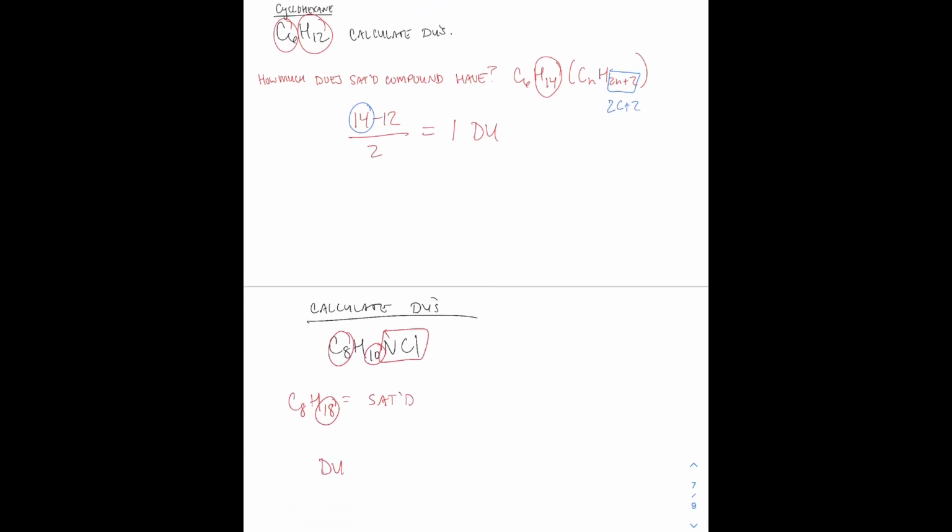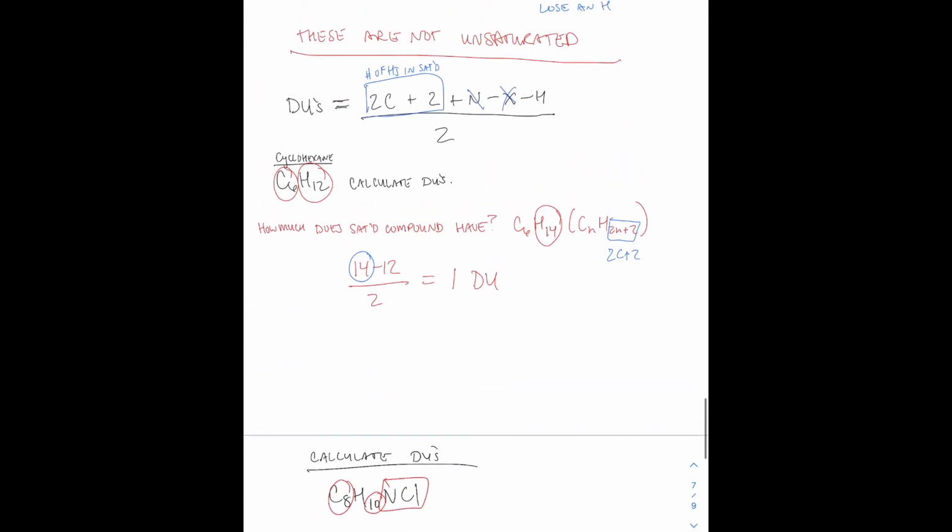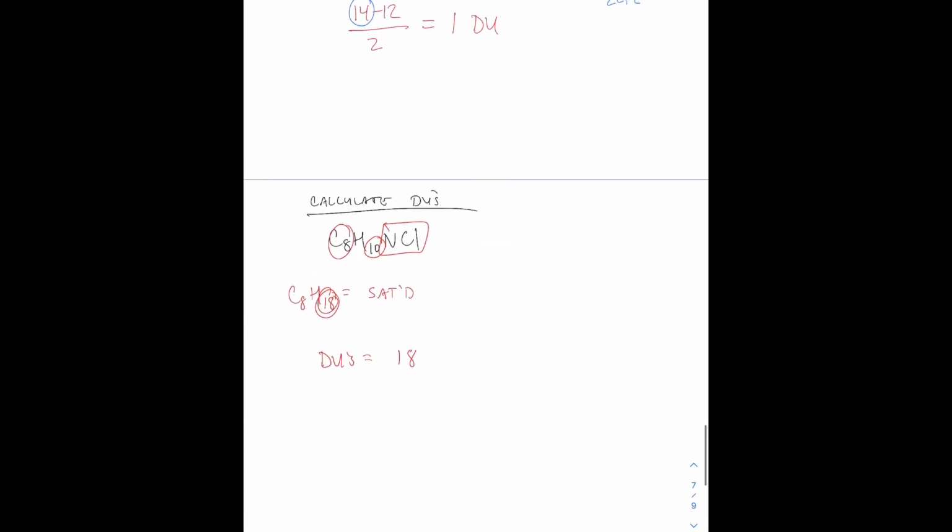So the number of DUs is equal to 18, because we calculated that already, plus the number of nitrogens, which is 1, minus the number of chlorines, which is 1, minus the number of hydrogens, which is 10, divided by 2. That should give us our degrees of unsaturation. So this cancels out, so it's 18 minus 10, which is 8 divided by 2, which gives us 4.